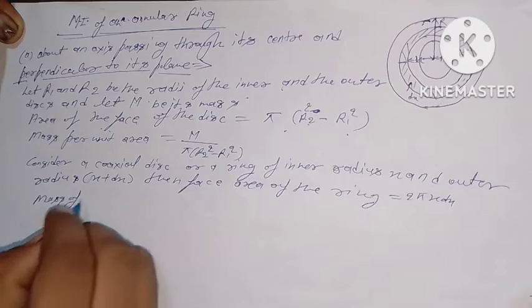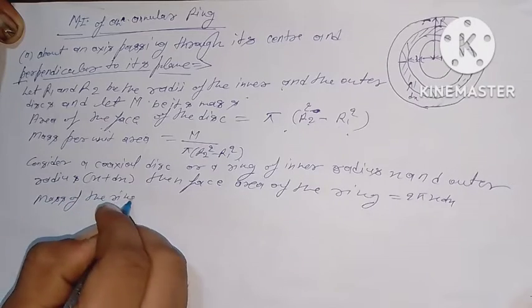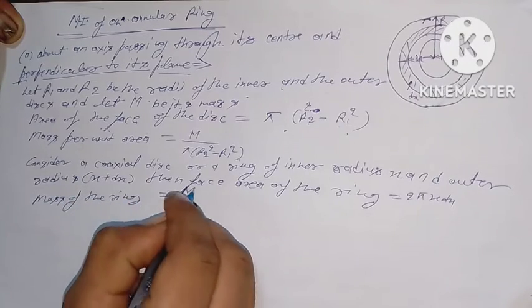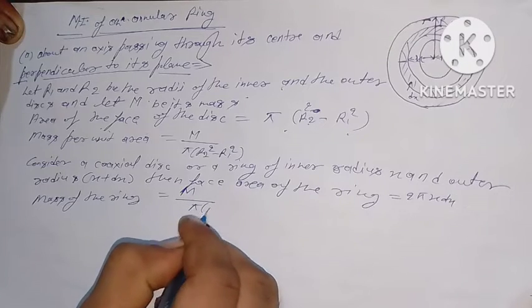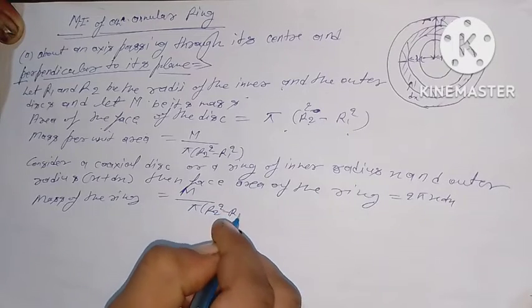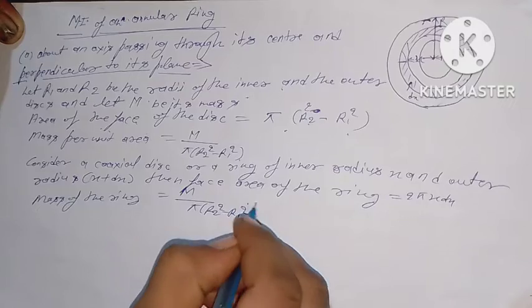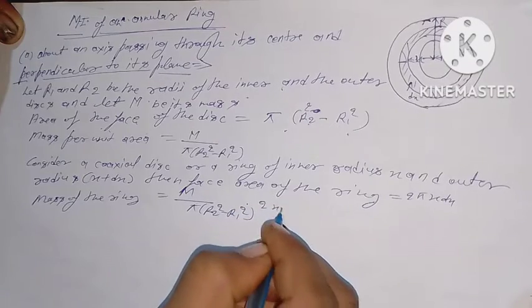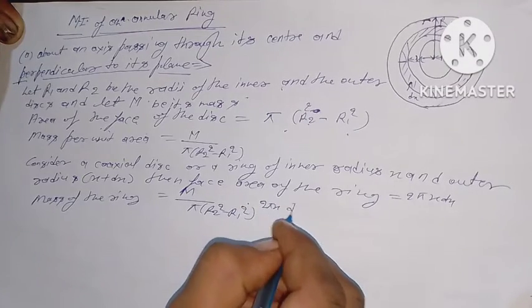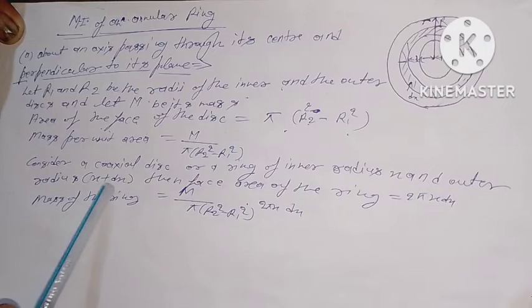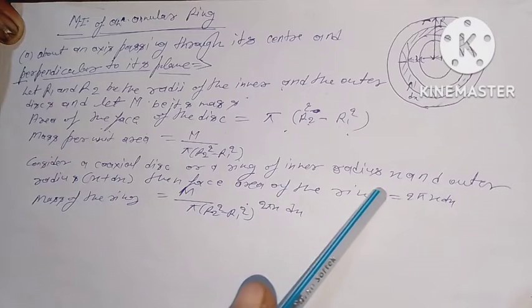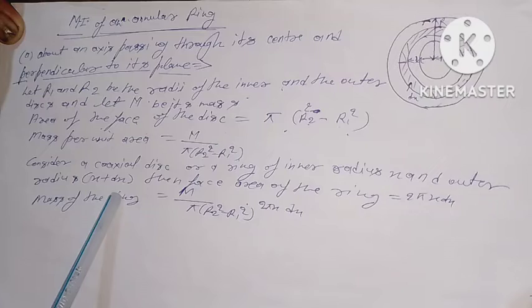Mass of the ring is capital M upon pi (R2 square minus R1 square) into 2 pi x dx. Consider a coaxial ring of inner radius x and outer radius x plus dx.